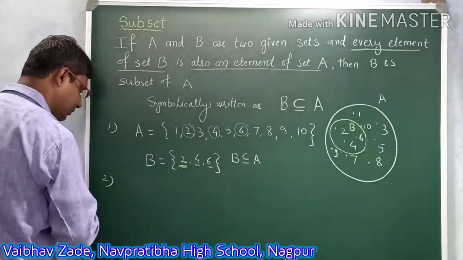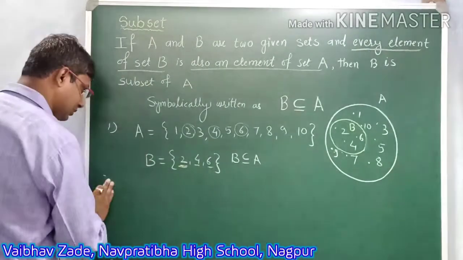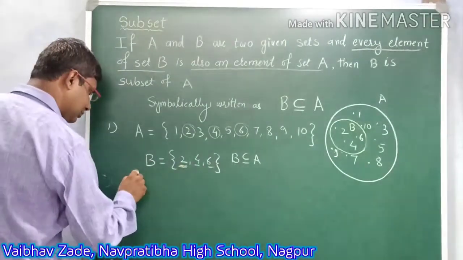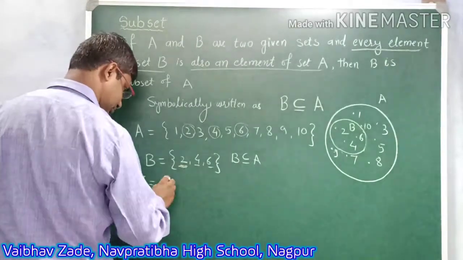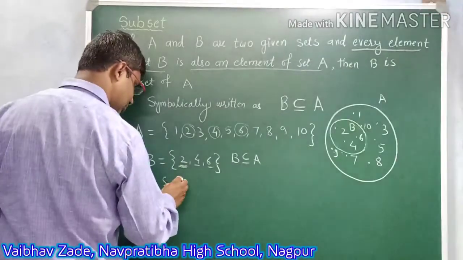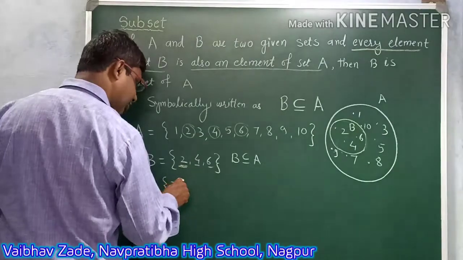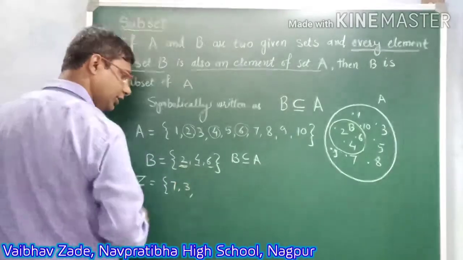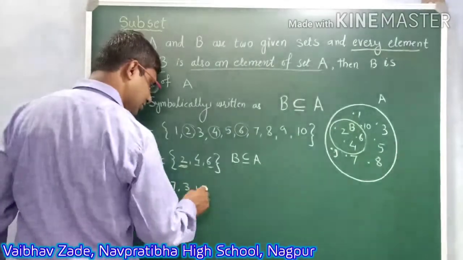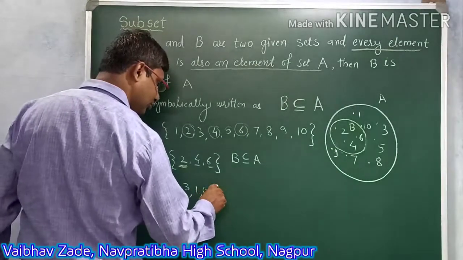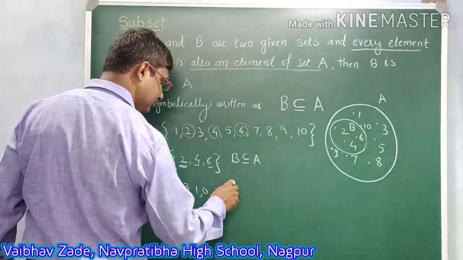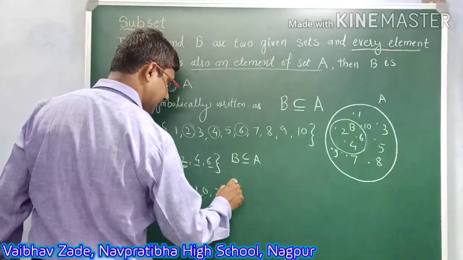Next, second example also. Let Z equals 7, 3, 1, 0, 2, 8.